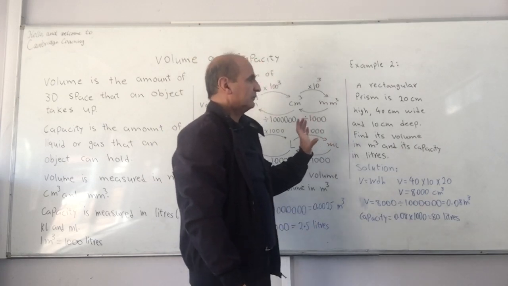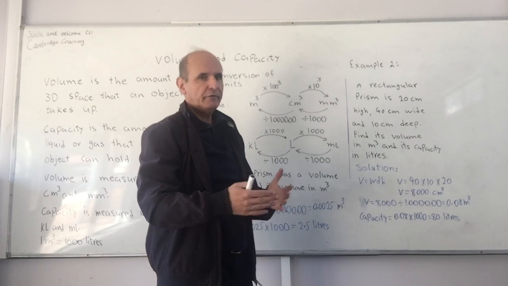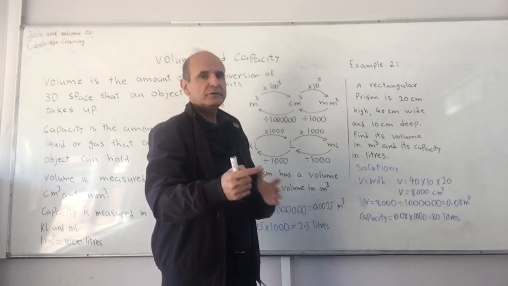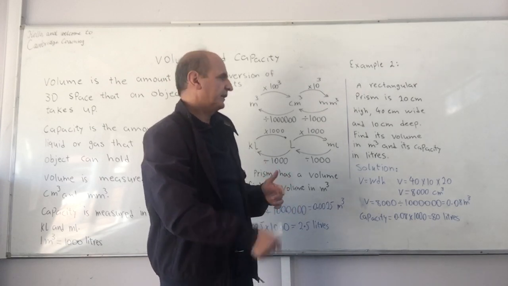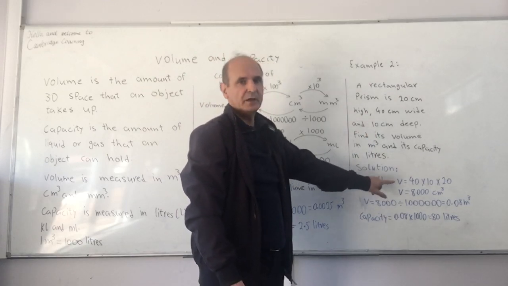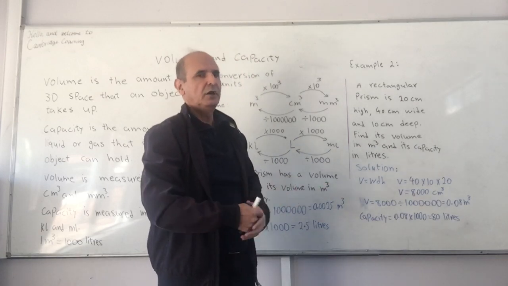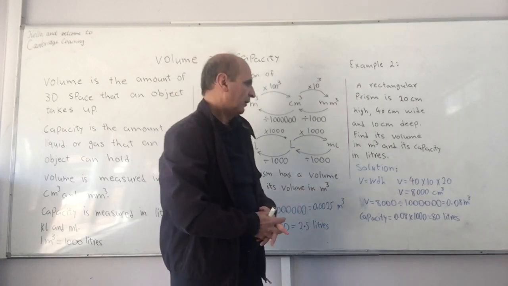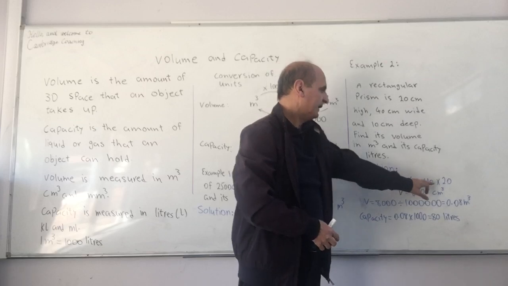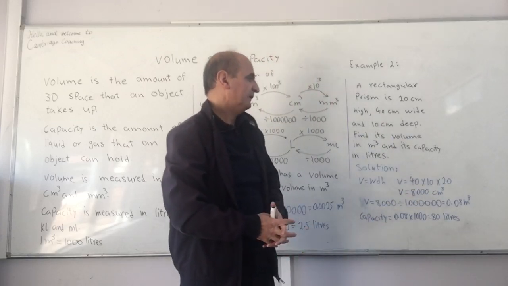Okay, first thing you got to remember is that for a rectangular prism, to find the volume, times all 3 dimensions: its width, by its depth, by its height. It doesn't matter in which order you're doing it, but you got to do all of them. So we have 40 and 10 and 20. Times them together, you get 8,000.